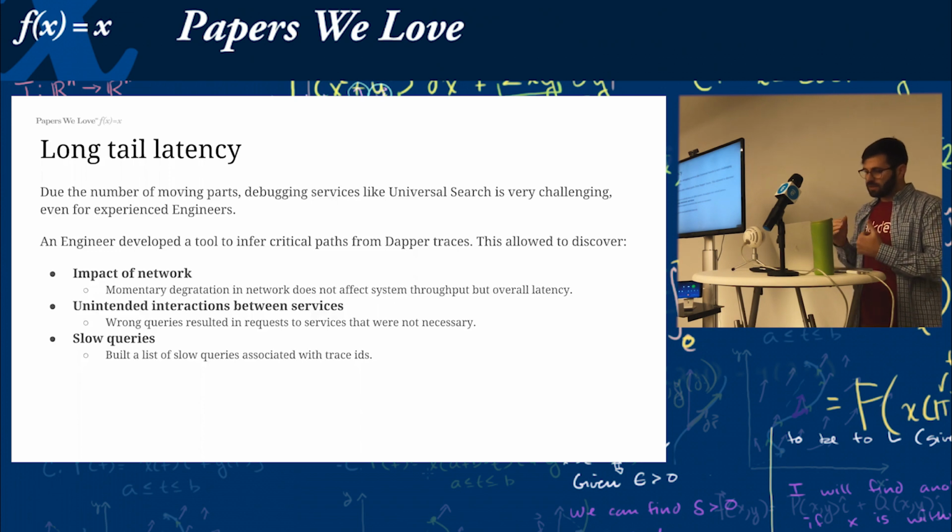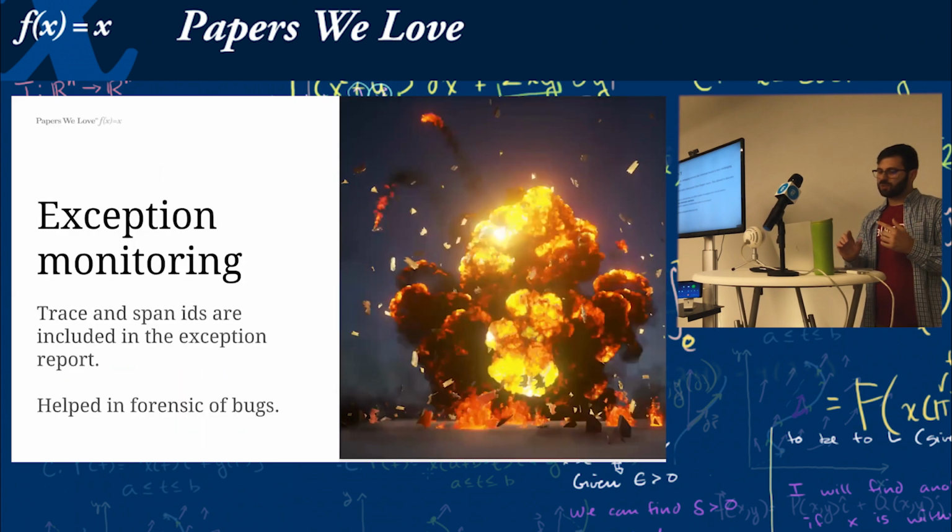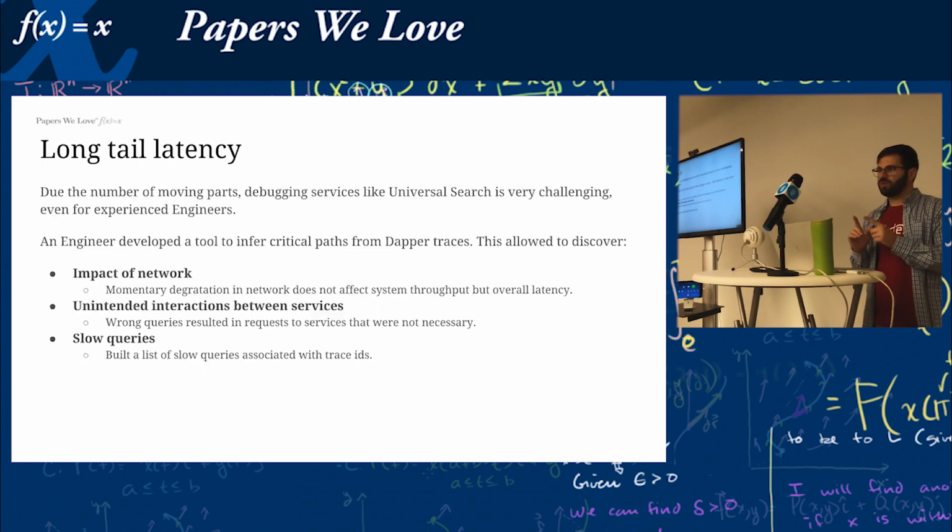The impact of network didn't affect a particular system, but was easily propagated into the overall latency of requests. He also found the same thing that the Google Ads review team found, which was making unnecessary requests to a service. And he actually built a repository that linked traces with slow queries, with examples. This is very useful, having the examples of the slow queries to improve.